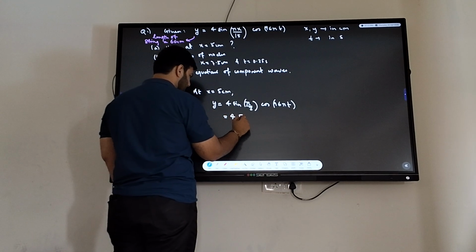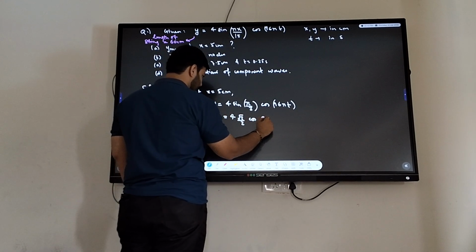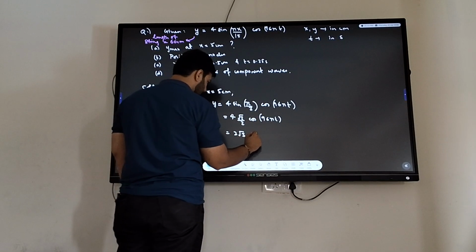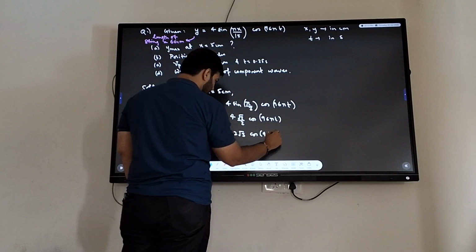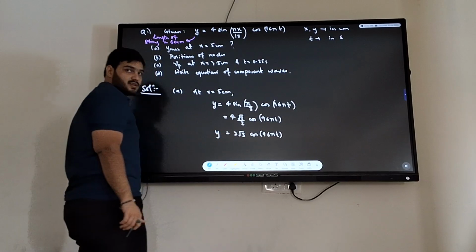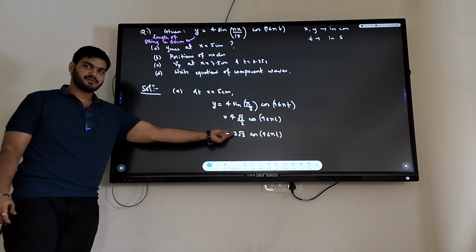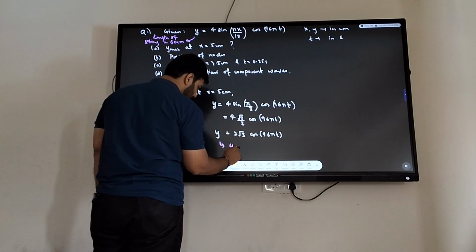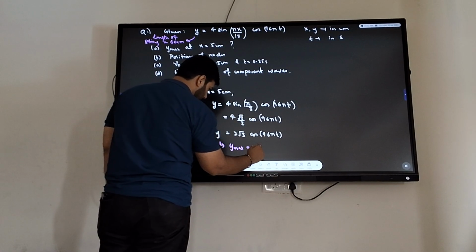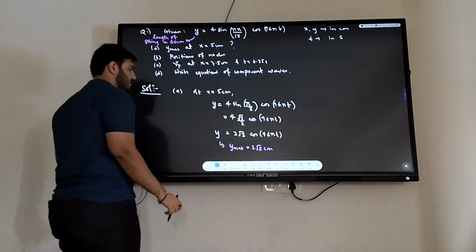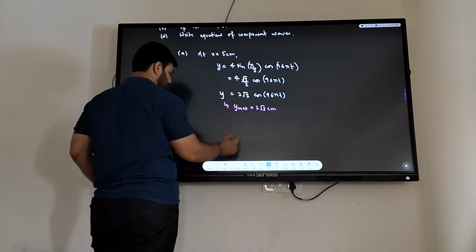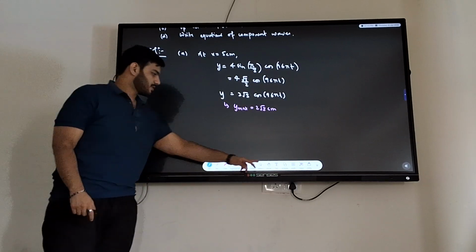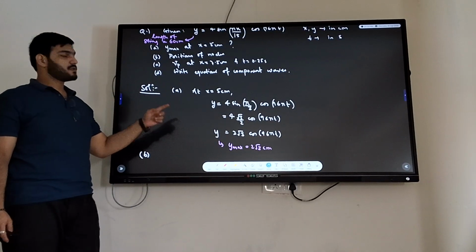That's root 3 by 2, and that will give you 2 root 3. And then what will be the maximum possible displacement? That's this amplitude which is sitting in front of it, na? So y max is equal to 2 root 3. ये तो बहुत सिंपल था.